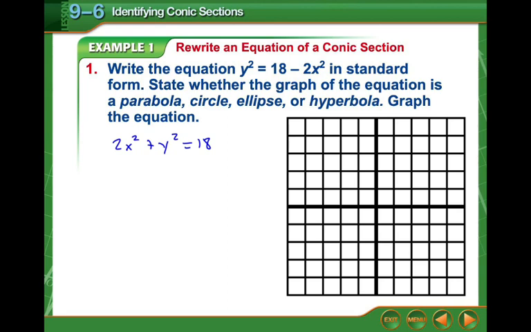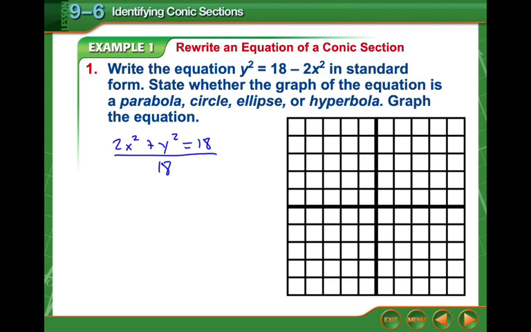So right now, it could be a circle, right? But remember, circles are typically equal to something that's a whole number on the other side. So if I divide by 18 on everything, I guess it is equal to a whole number, but usually equal to something that's not, or a perfect square would be beneficial.